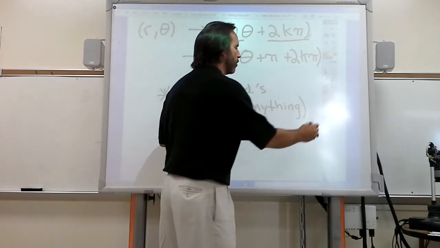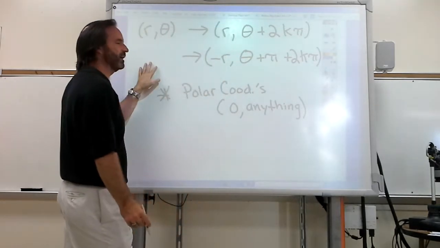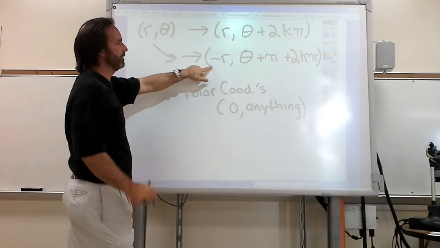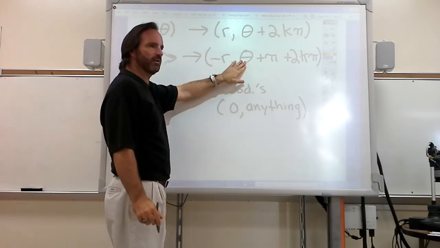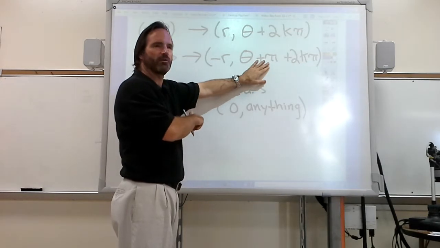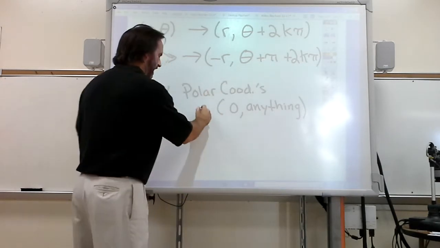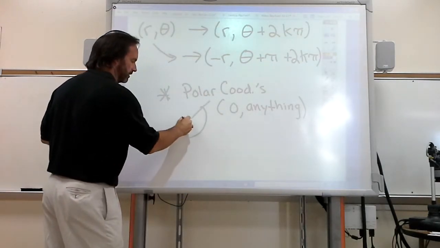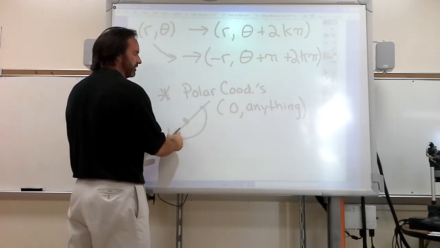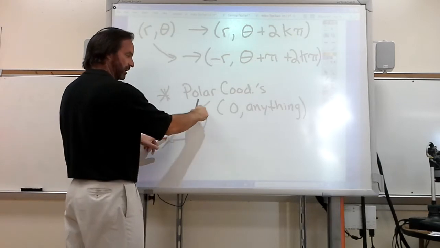If you want to have the same point but make r negative, take your theta, like pi/6, and add pi. Just go half the way around, and now you're on the back side. Then make your r negative, obviously, to get back to that point.